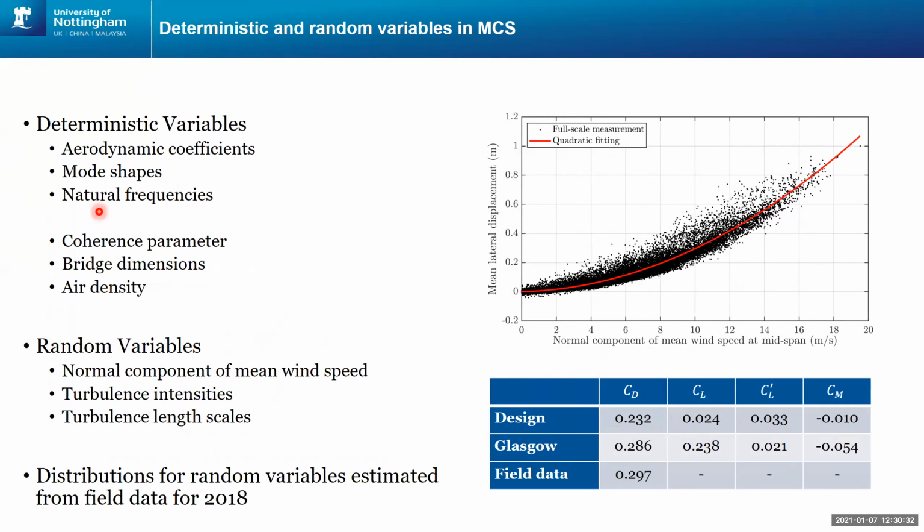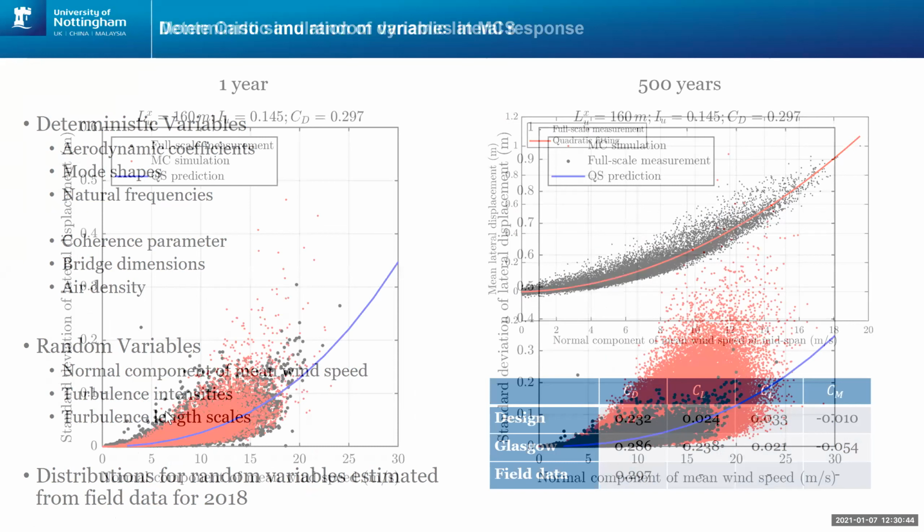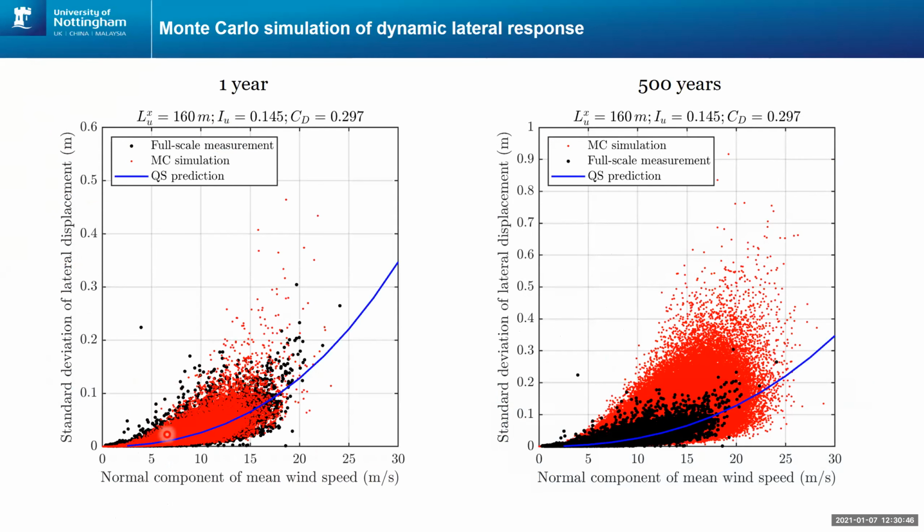Most other things we kept deterministic. We got the distributions for the random variables by processing the field data for 2018. And when we did that, we were able to recreate much of the uncertainty in the standard deviation of the lateral displacement that we measured on the bridge.